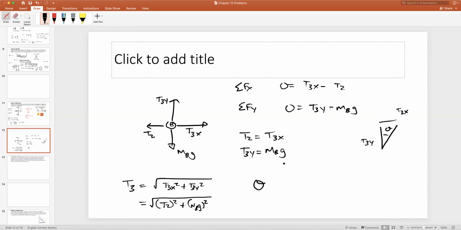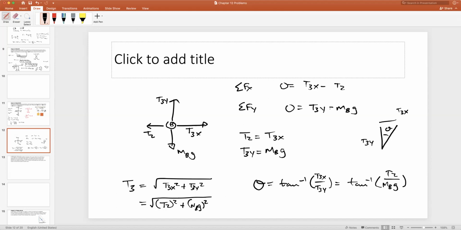So therefore, the arctan is normally Y over X, but our quote unquote Y here is T3X over T3Y, which is T2 over MBG. And so that'll give you the correct angle from the y-axis. Other than that, it's a lot of stuff we already knew.